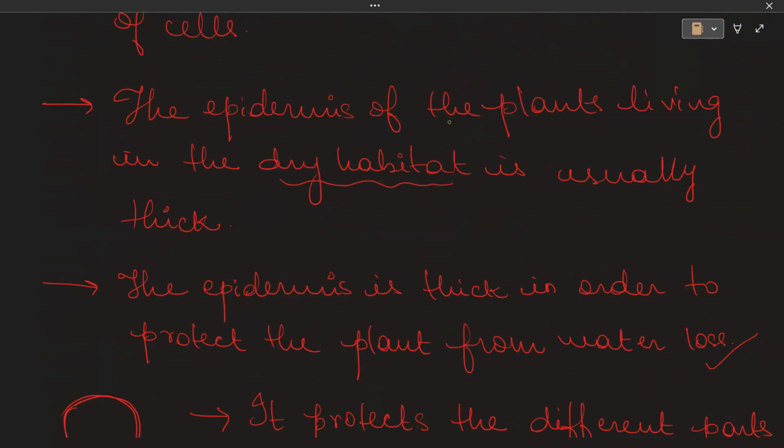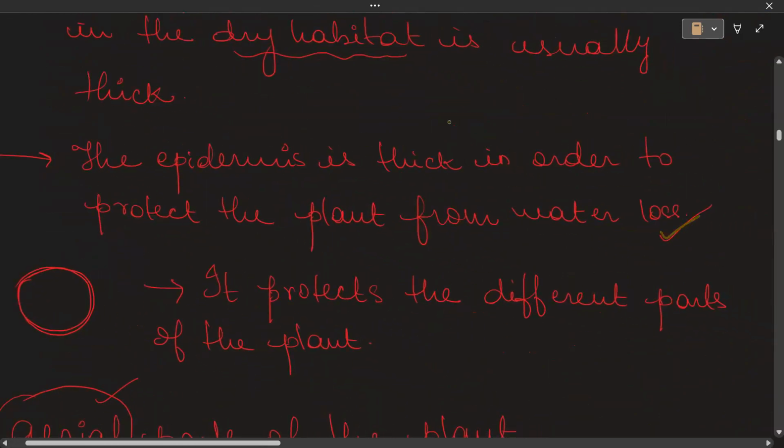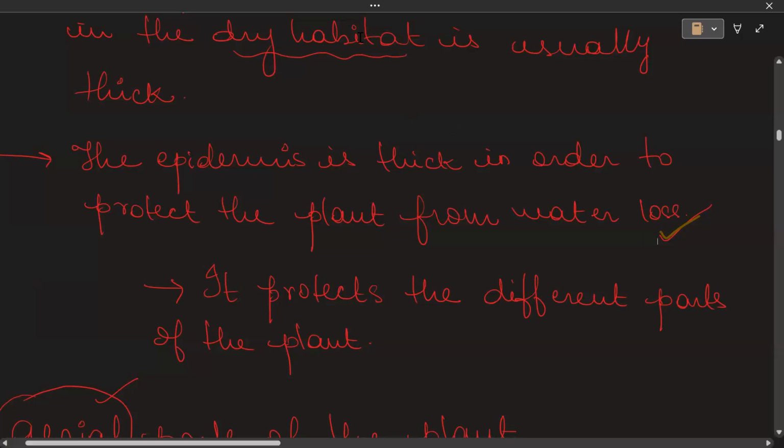To protect the plant from water loss, because water is lost from the surface of the plant. So this epidermis protects the plant so that water cannot be lost. Is it clear? Yes, ma'am. It's clear to Arya and Galvin too? Yes, ma'am. Okay.